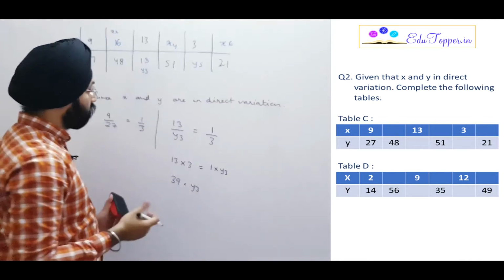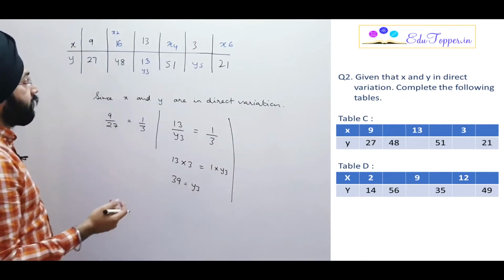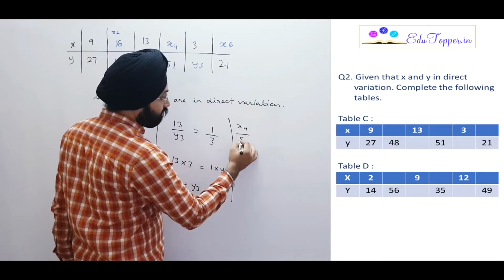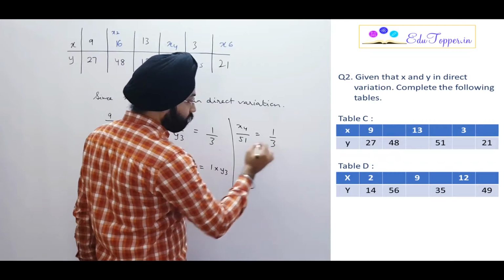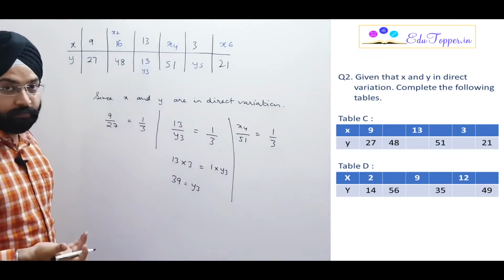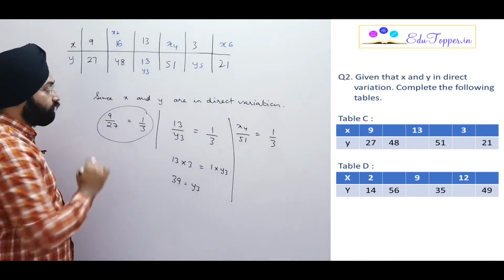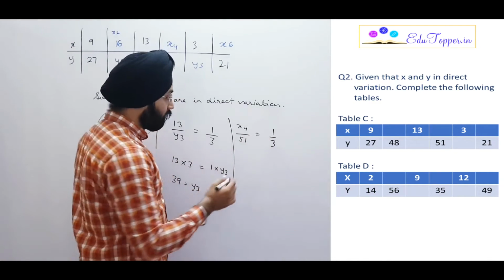Now, moving ahead, x4 by 51 should also be equal to 1 by 3, right? Reason being, x and y are in direct variation and initially x by y was 1 by 3. So this also has to be 1 by 3.